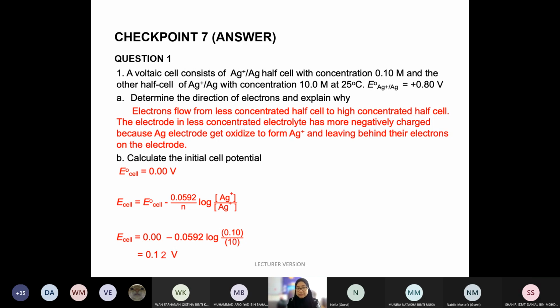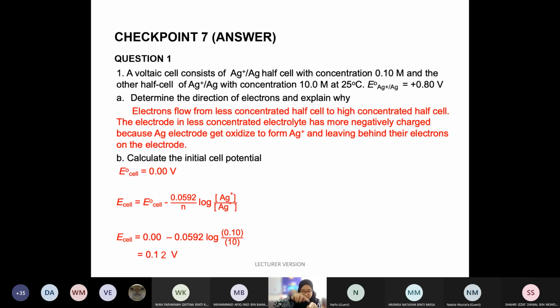Because the Ag from the electrode will get into the solution, oxidize and become Ag plus, leaving behind the electron on the electrode.